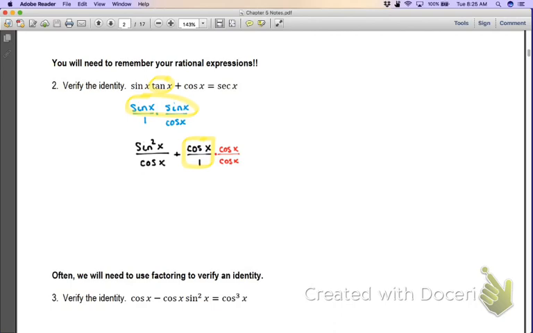All I'm doing is really manipulating everything. So I'm going to have sine squared x plus cosine squared x all over cosine of x.